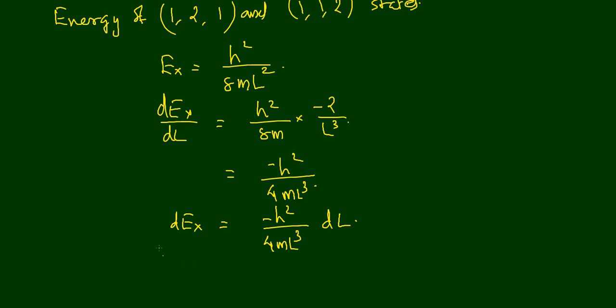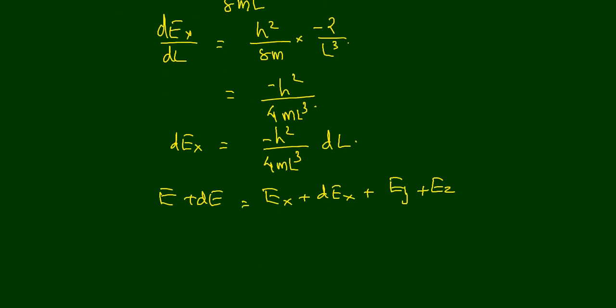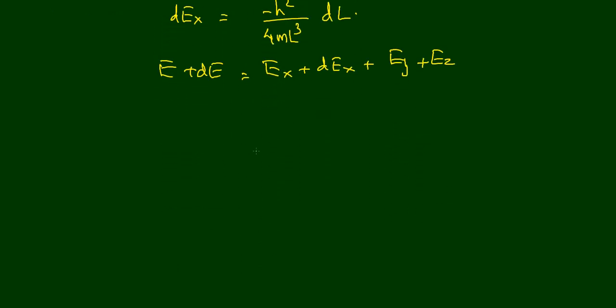Now we can calculate the total energy, the new total energy. Okay, that is E plus dEx after distortion. In this case, that is equal to Ex plus dEx plus then Ey plus Ez. Okay, so this is the total energy, and here the total energy is equal to Ex.